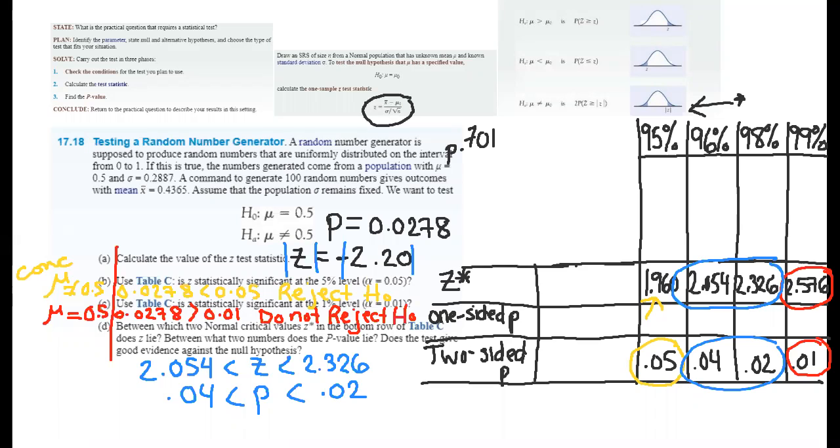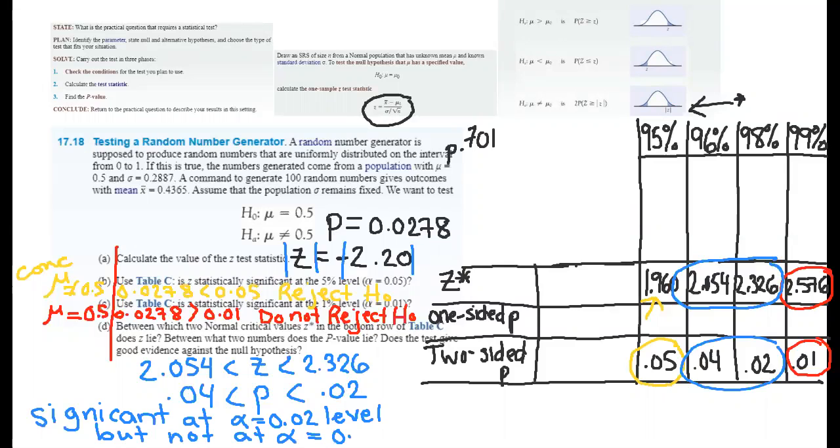And the answer is something to the effect of, we have significance at the alpha equals 0.02 level, because at that level, we have p less than alpha, right? But not at alpha equals 0.04 level. So just like above, we had a significant test at the 5% level, but not the 1% level.